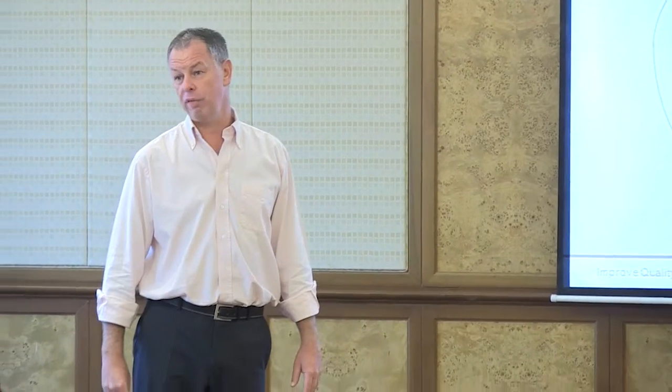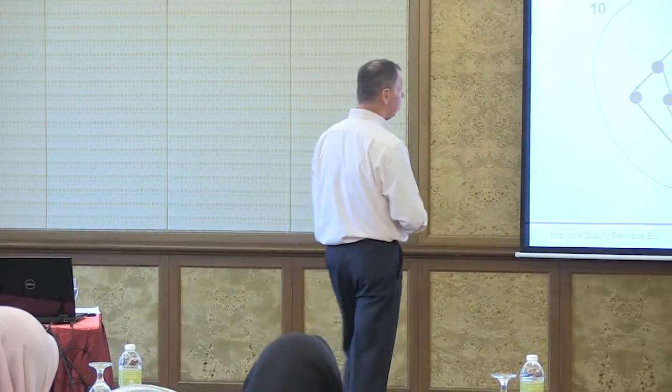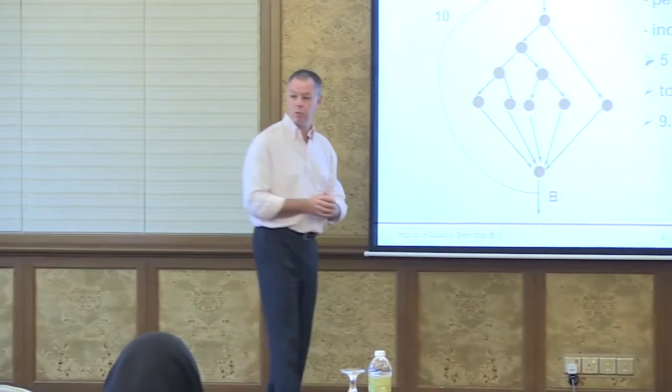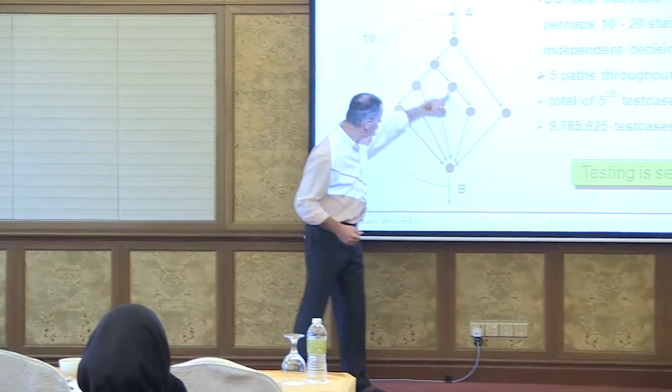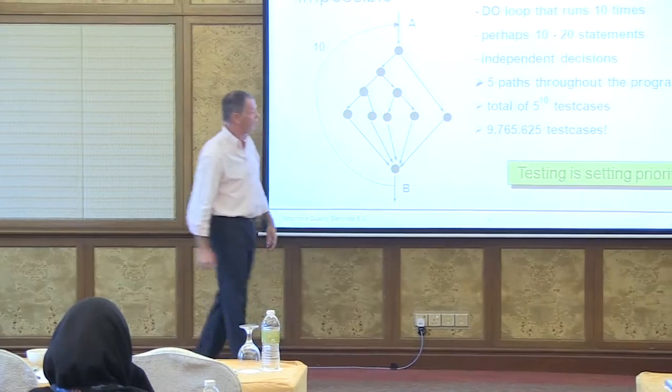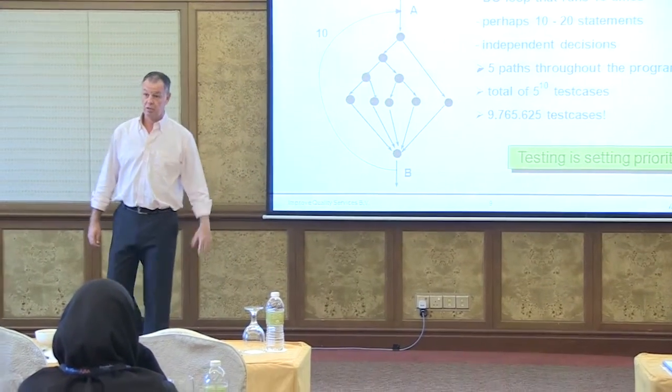Glenford Myers, I don't know if you heard about him, wrote a book, I think in 1979, that's way back. It's called The Art of Software Testing. In that book he had a little bit of code to show, and there was a do loop around the code, which could either depend on parameters once or twice, maximum of 10 times. He showed already that there are 5 paths you can test in this case.